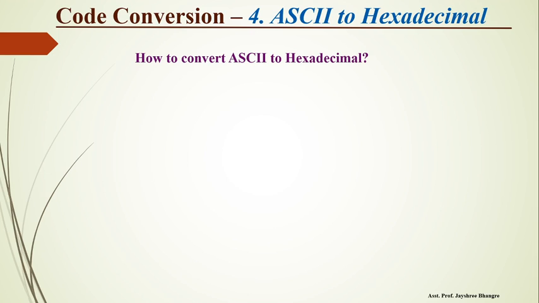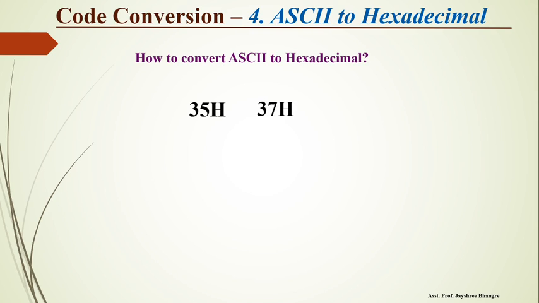Now our fourth conversion is ASCII to hexadecimal. To convert ASCII to hexadecimal, we have to do the exact opposite process of hex to ASCII.